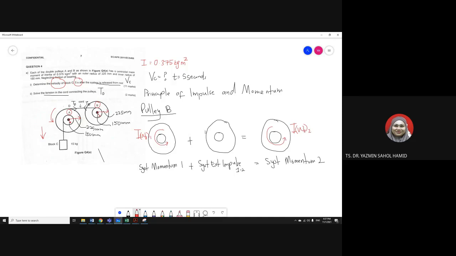Since it's connected to the tension cord TD, there's a tension cord TD here. And then of course we usually write Bx, By and whatever, due to weight. Here it doesn't involve. Just write this one, it's fine, just to simplify things.